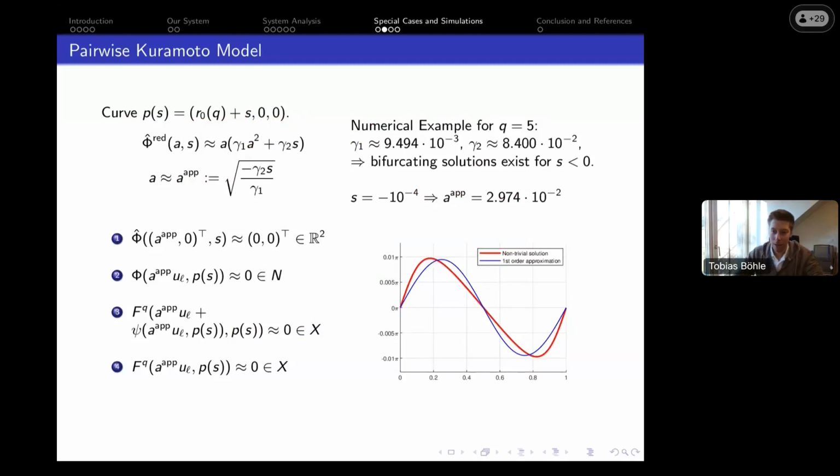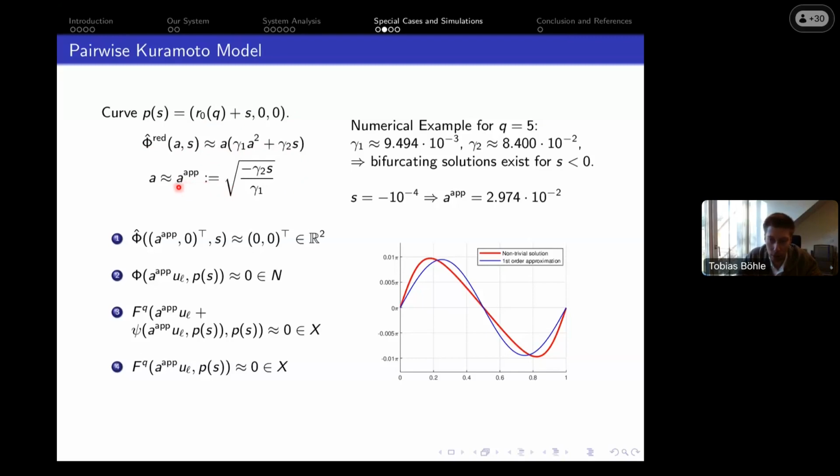And then from the theory, you know that the Taylor expansion of phi hat reduced is approximately equal to this formula here if you neglect the higher order terms. So the non-trivial solutions for A are given by the value A approximate, which is the square root here, as I've told you.